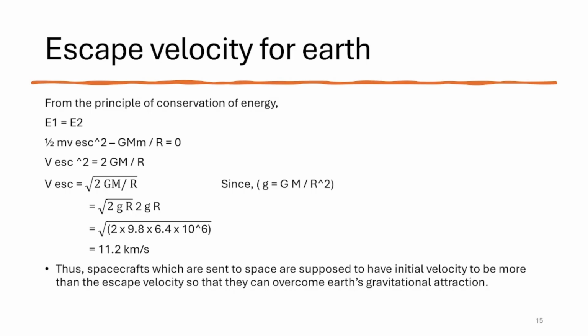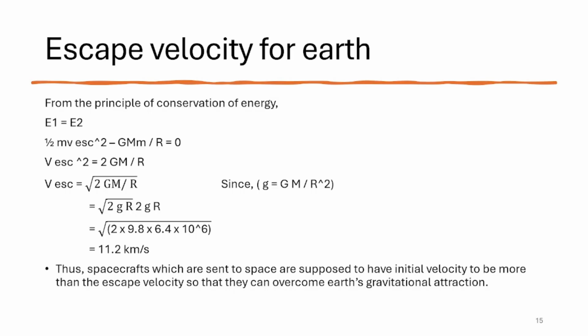So E1 is half m v square. Whatever I have written here, v esc, is escape velocity, so don't confuse it. So half m v square minus GMm upon r. V escape square is equal to 2GM upon r. This is the term I am left with after solving this.